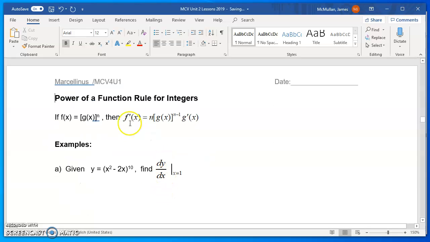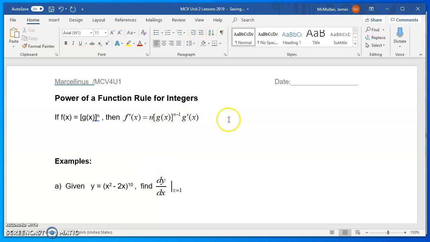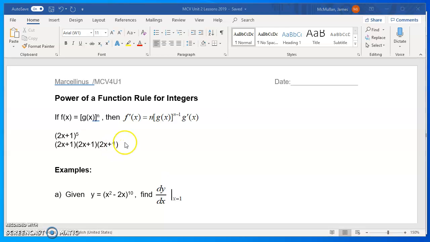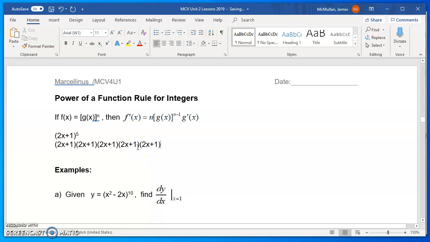Now you can use this idea to actually get the power of a function rule. Let's imagine, for example, we had 2x plus 1 to the power of 5, and we wanted to take the derivative of that. That's the same thing as 2x plus 1, 5 times. Now, think about what we just said. You would basically write this out 5 times, and each time you would take the derivative of one of these different brackets.